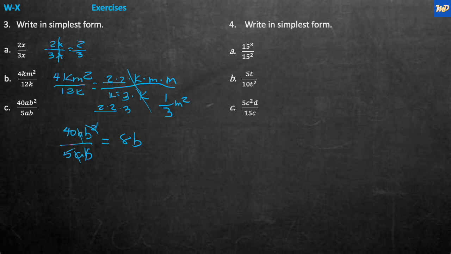Write in simplest form. Some more to write in simplest form. So A, what is the simplest form if you have 15 cubed divided by 15 squared? Well, there's 15 times 15 times 15, over 15 times 15. So if we break it apart, you're going to say 15 times 15 times 15 all over 15 times 15.